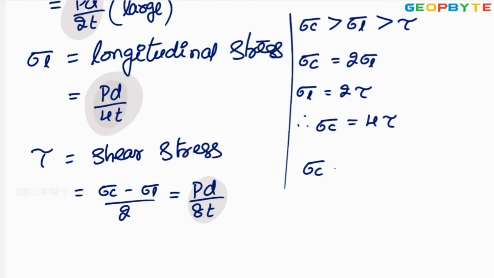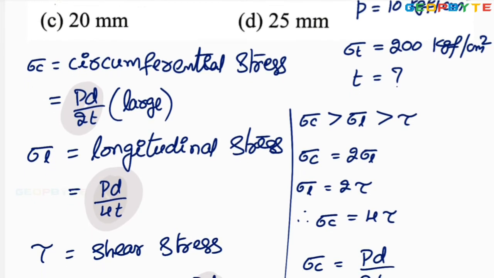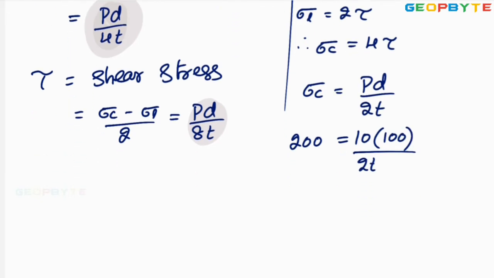Here circumferential stress equal to PD by 2T. Here given tensile stress itself should be treated as circumferential stress or maximum stress. Circumferential stress is given 200 kg force per cm square, whereas pressure is 10 kg force per cm square into diameter 100 centimeters divided by 2 into T. Therefore, thickness of the pipe equal to 1000 divided by 2 into 200.